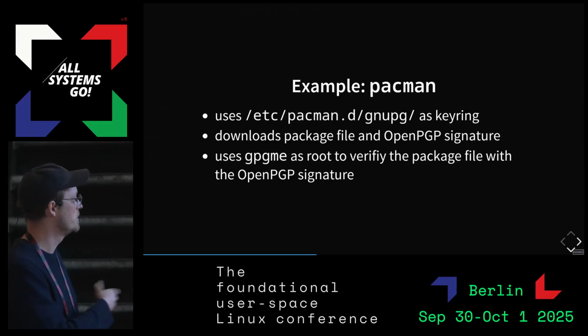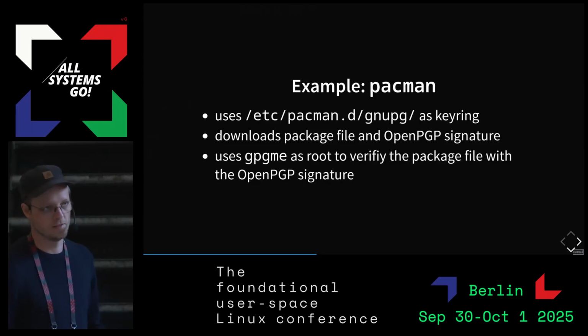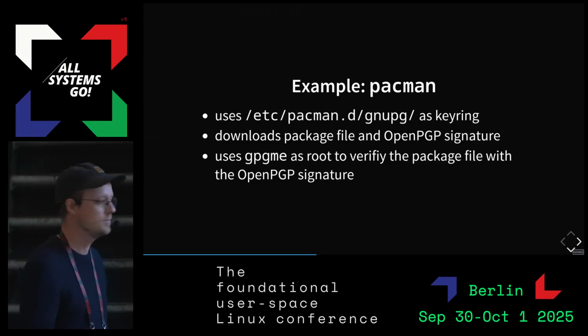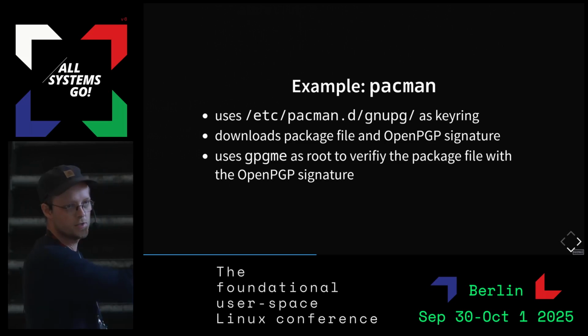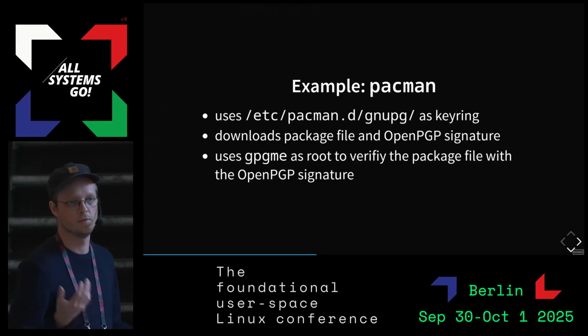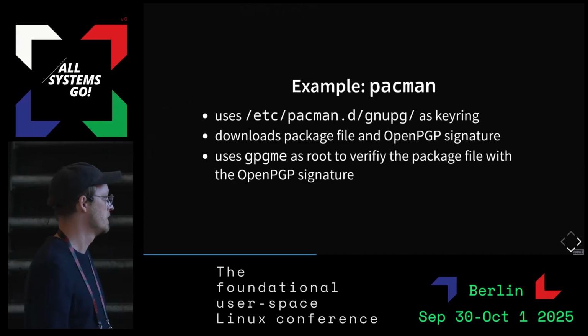It uses GPGME, which under the hood is basically just shelling out to GPG, and verifies the artifacts with it. As you see, we have two locations already. Per application is very specific. We don't really have any unified view on any of this, unfortunately.